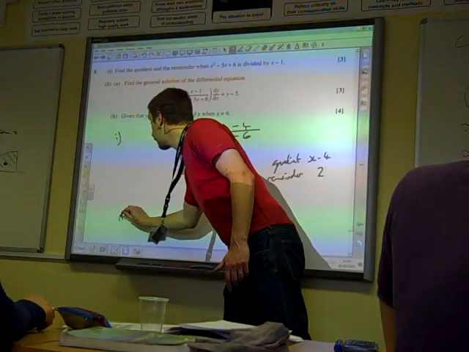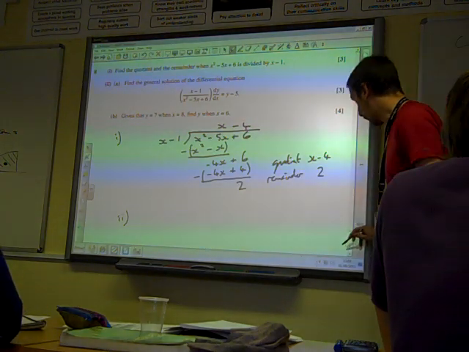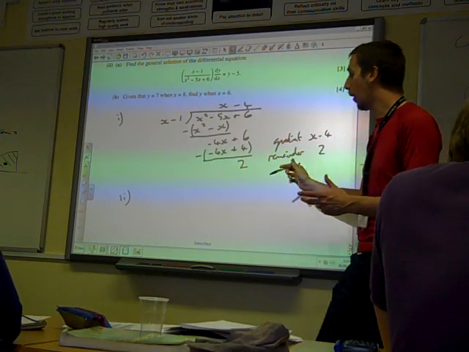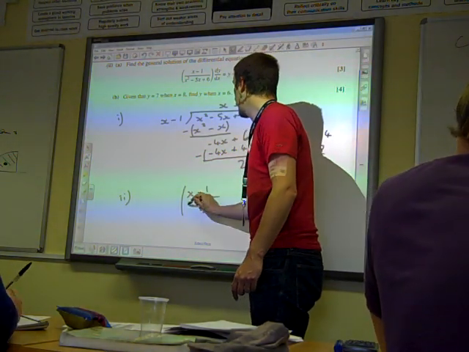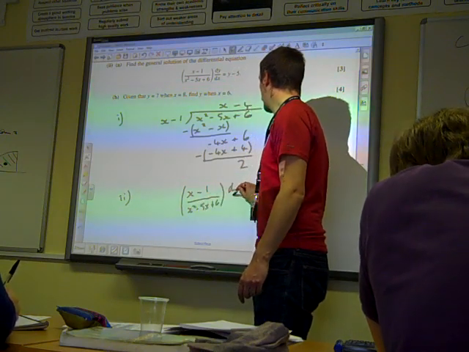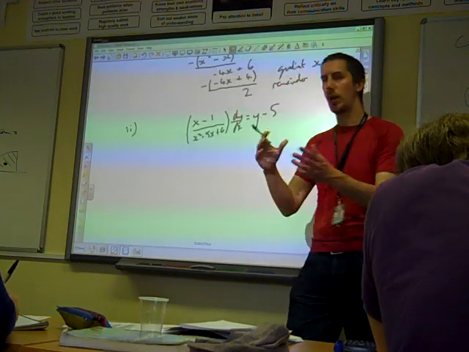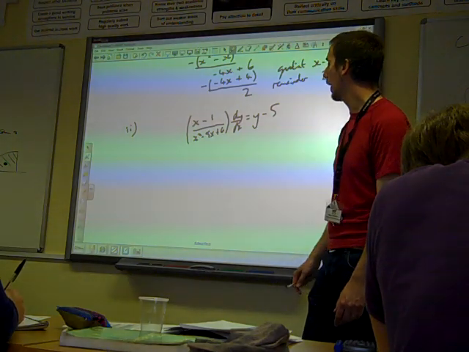Part 2. Find the general solution of that differential equation. Again, there's a whole other session on differential equations and how you work with those. This paper didn't go for the big wordy thing about, you know, oil dripping out of a tank, all that kind of stuff.